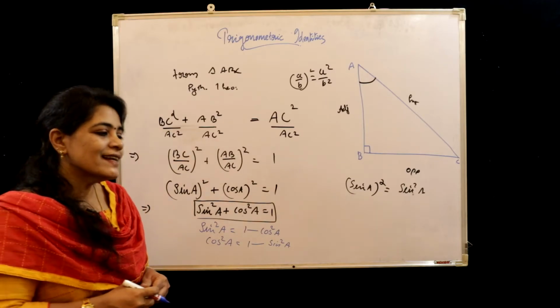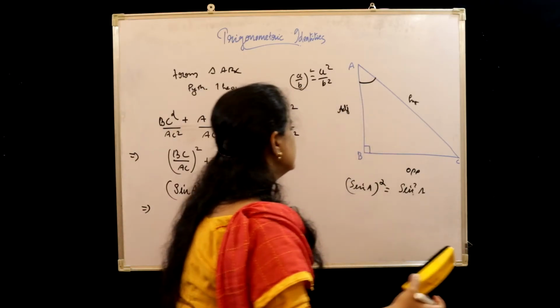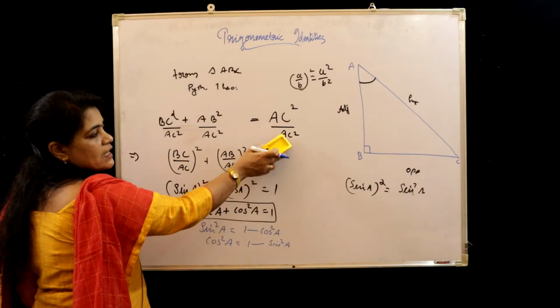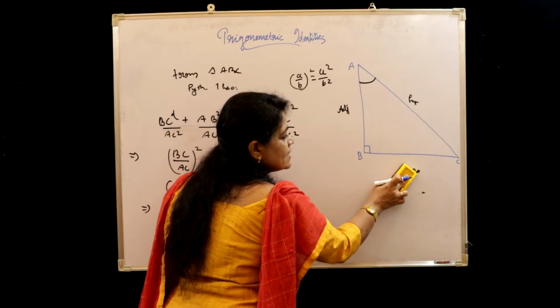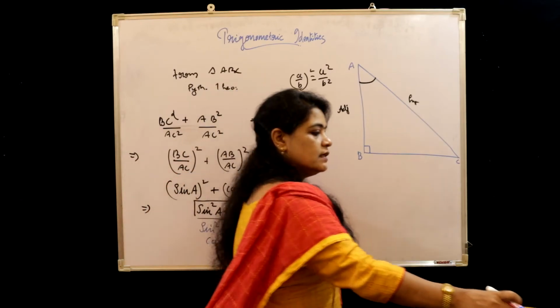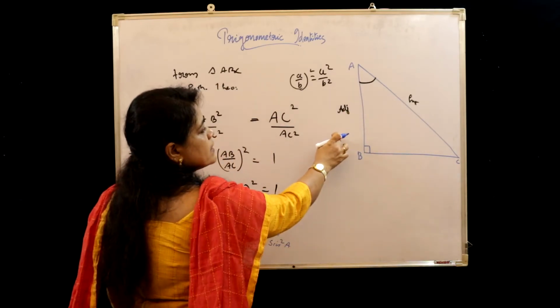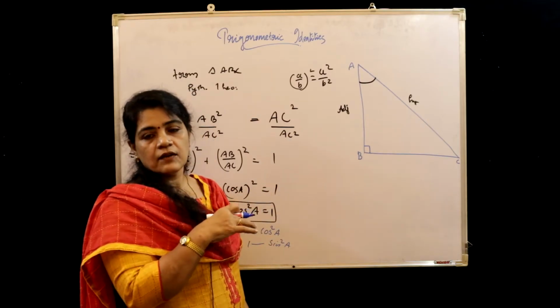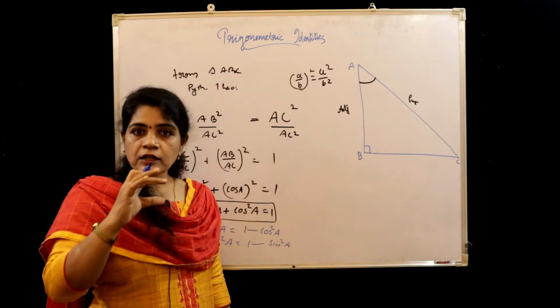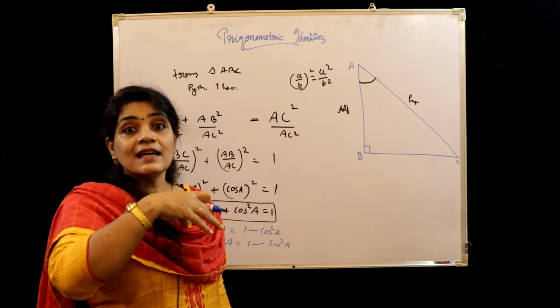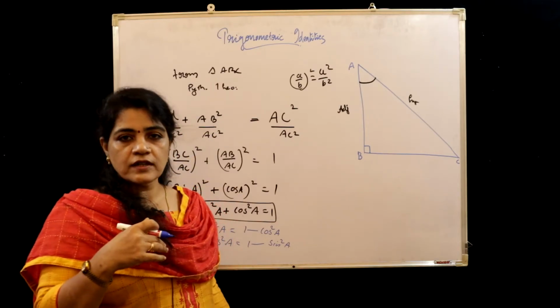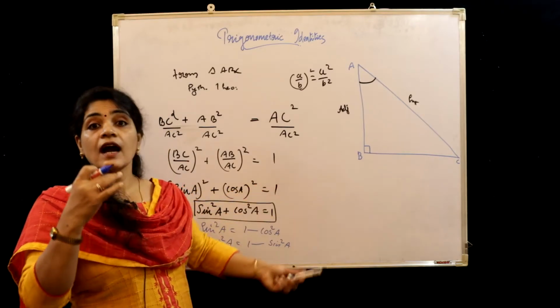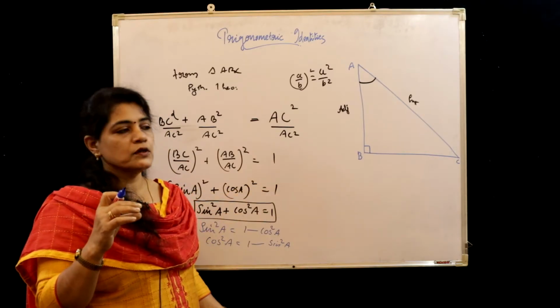In order to get the second identity, children, instead of dividing by AC square, I am going to divide by AB square. We are dividing that Pythagoras result by the three sides separately. To get the first identity, I started with the square of the hypotenuse, AC square.